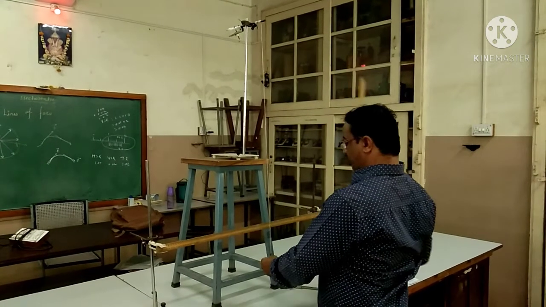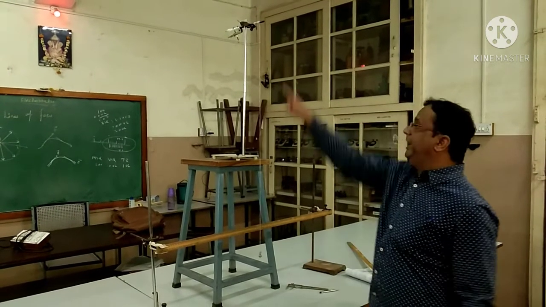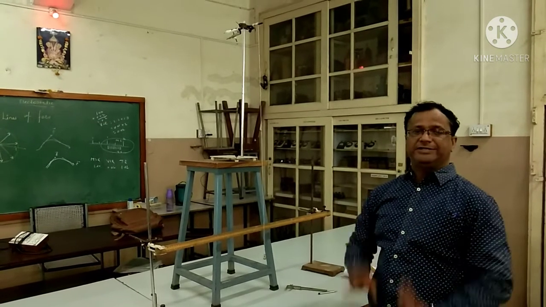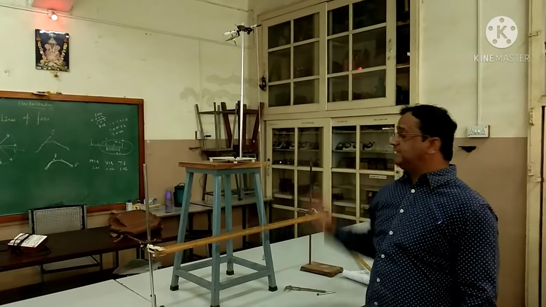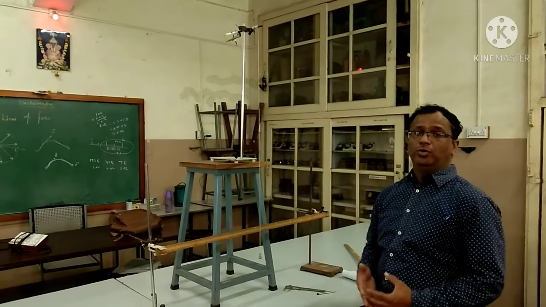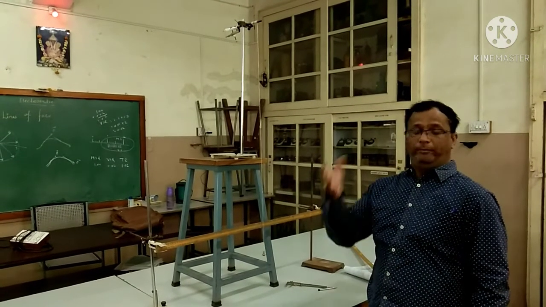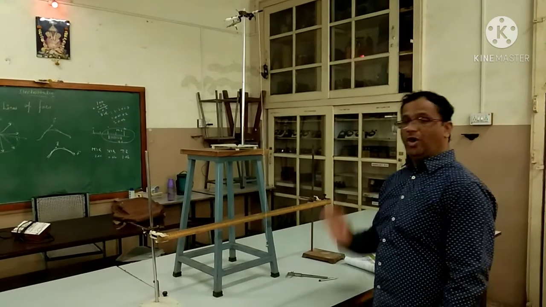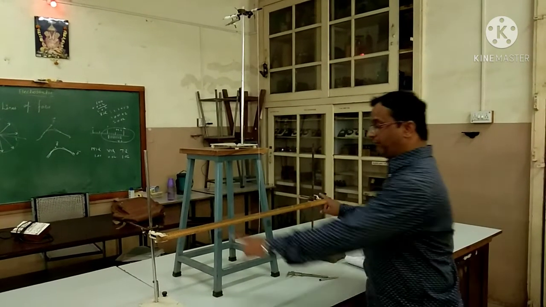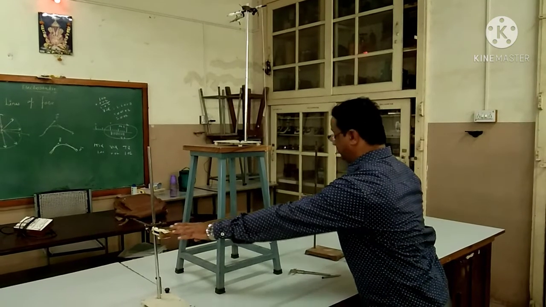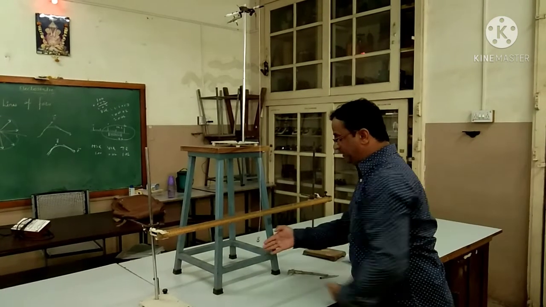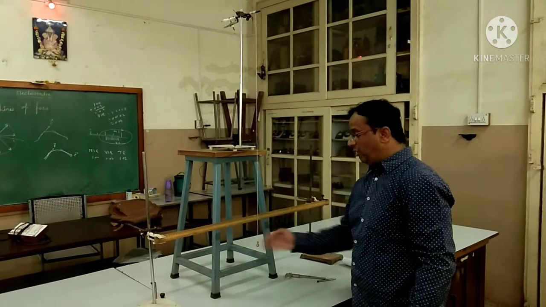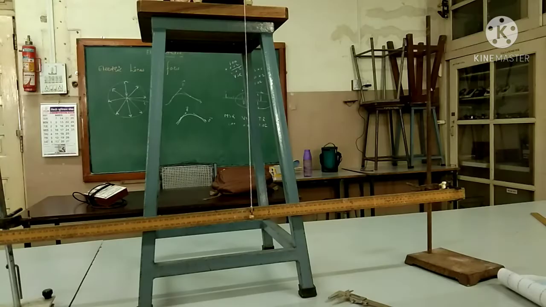Right. Now here, the length of the string is 100 centimeter. For this length, again here we want to measure the time required for 20 oscillations. Again, for that, we want to take the scale down, up to the level of this bob, right?